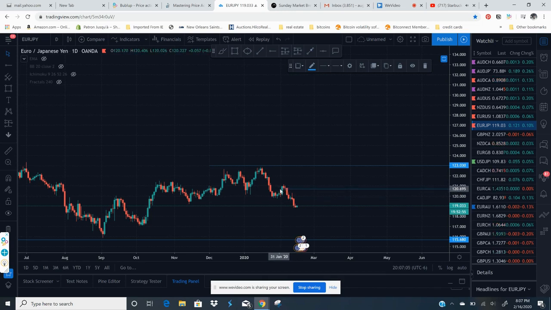See it coming back and touching this area. Still pushing down.